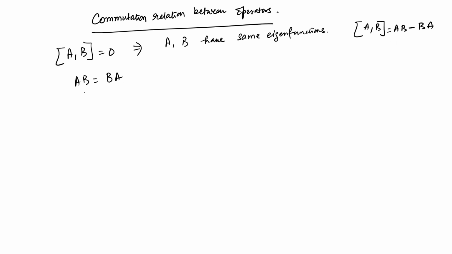If this is equal to 0, then AB equals BA. So, you can actually interchange the order in which you write these operators. As I said, they are matrices, and usually matrices do not commute, but if these operators commute with each other, then their corresponding matrices will commute as well.